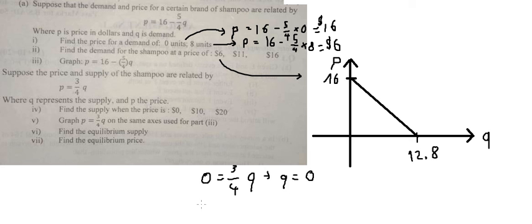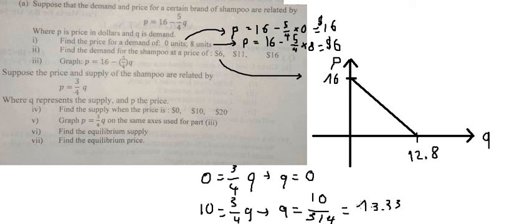Now I put number 10 in here. So we divide both sides by 3 over 4. And you get 13.33 dollars.